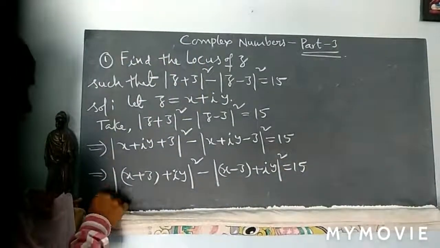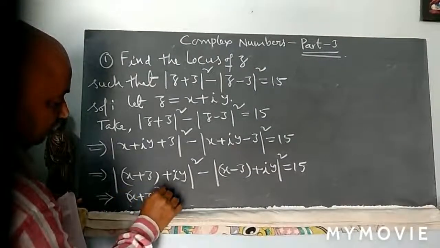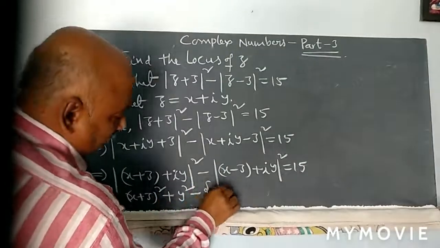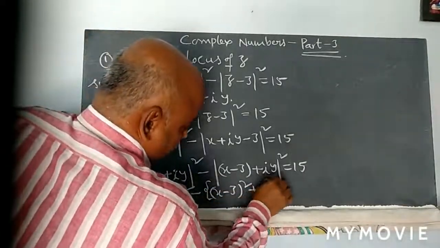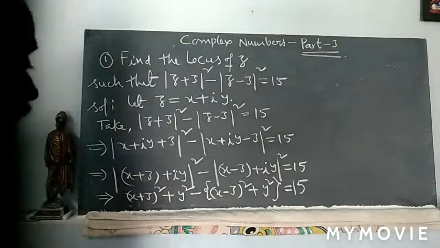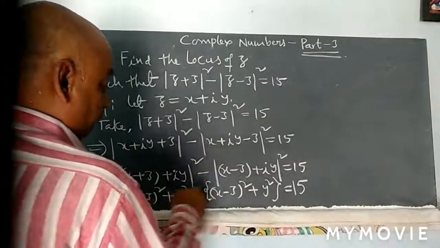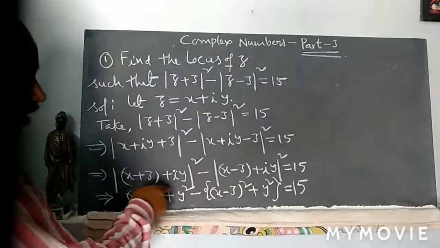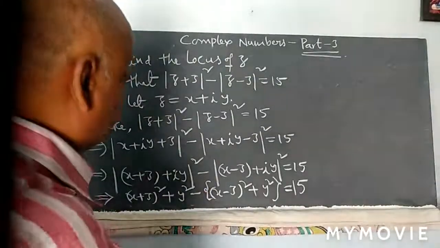So this implies (x+3)² + y² − [(x−3)² + y²] = 15. See, minus into plus minus, so minus y square plus y square get cancelled, and this is (a+b)² − (a−b)², which is 4ab.